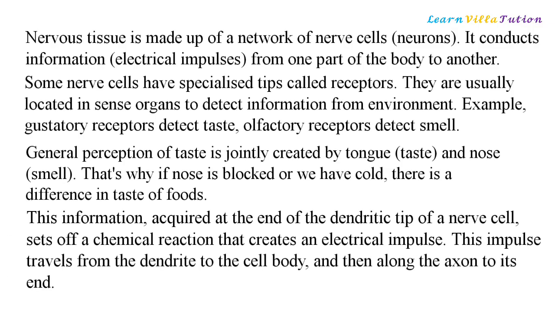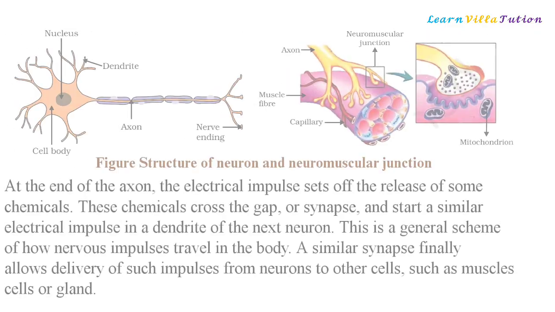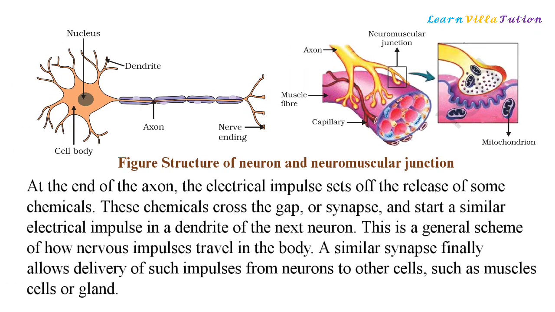This information, acquired at the end of the dendritic tip of a nerve cell, sets off a chemical reaction that creates an electrical impulse. This impulse travels from the dendrite to the cell body and then along the axon to its end. At the end of the axon, the electrical impulse sets off the release of some chemicals.